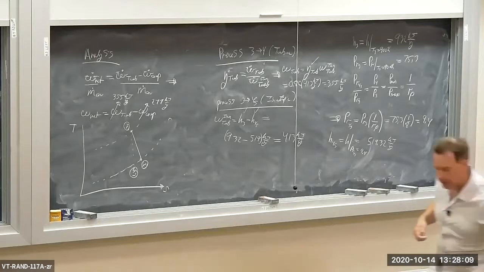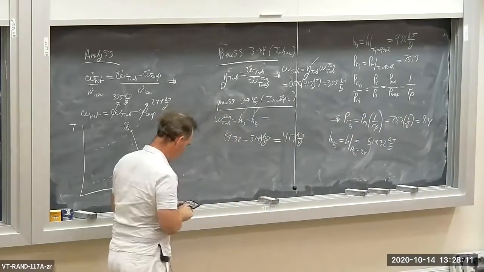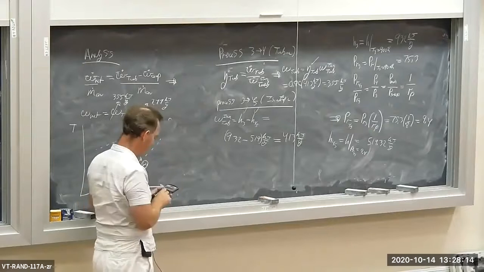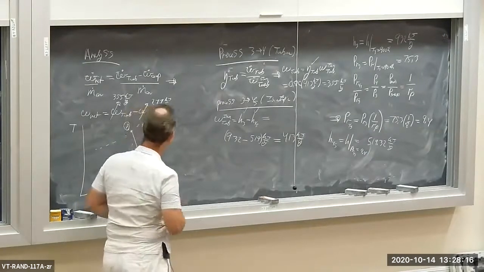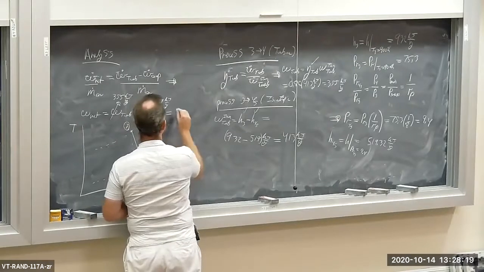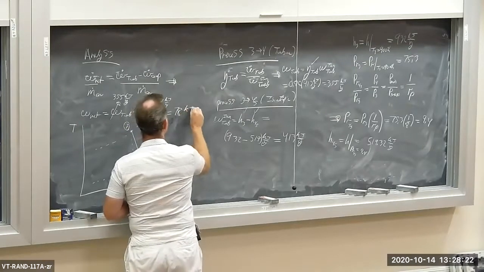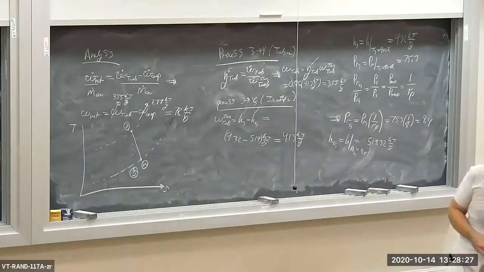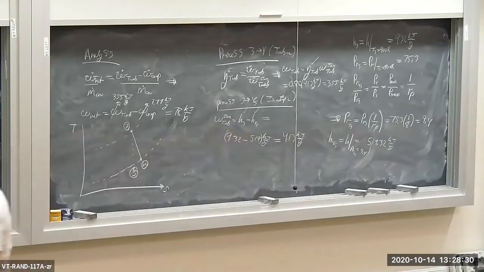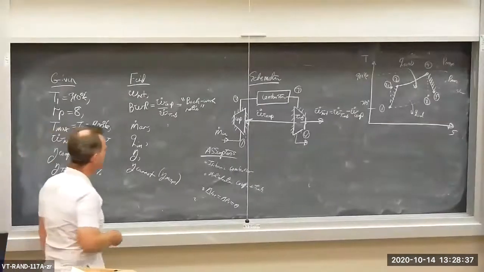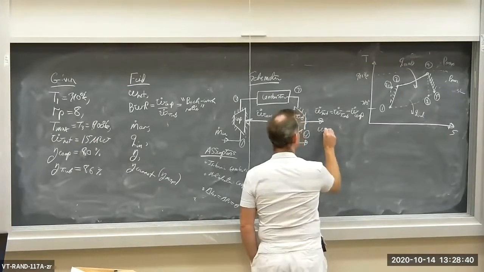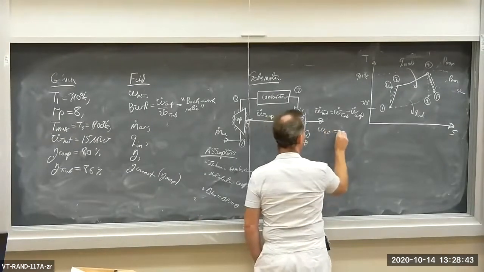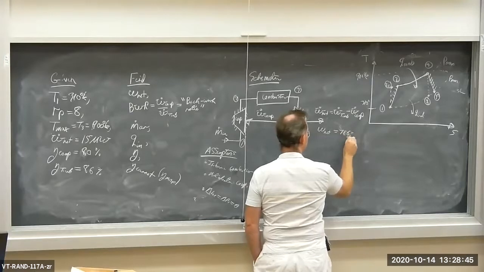Okay, now I know the net work. So 355 minus 277. The net work is only 78 kilojoules per kilogram of airflow through the compressor and turbine. So the net specific work is 78 kilojoules per kilogram.